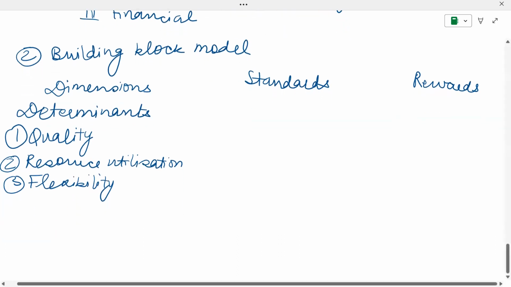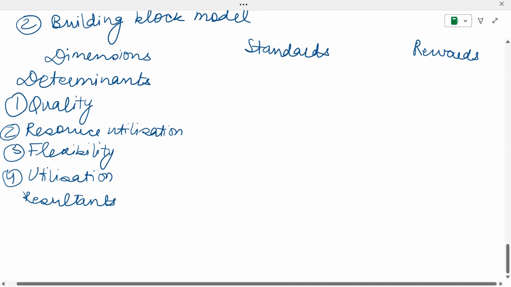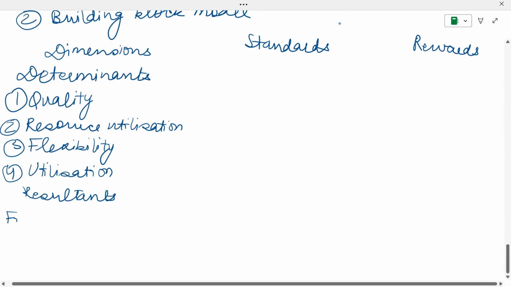And fourthly, you have utilization. Then what are the resultants? If these determinants are taken care of, what happens as a result? As a result, you get a good financial performance and you get competitiveness.